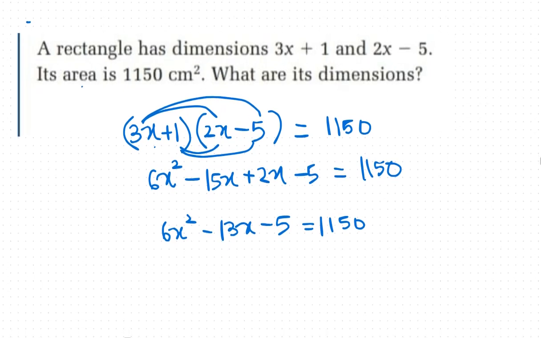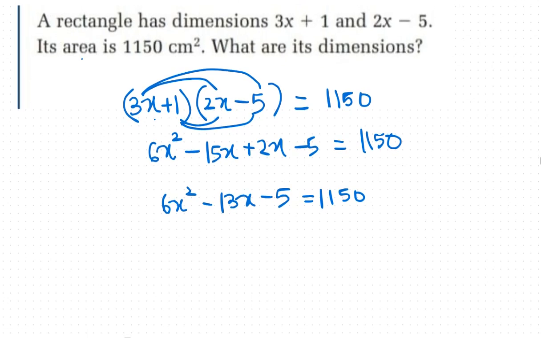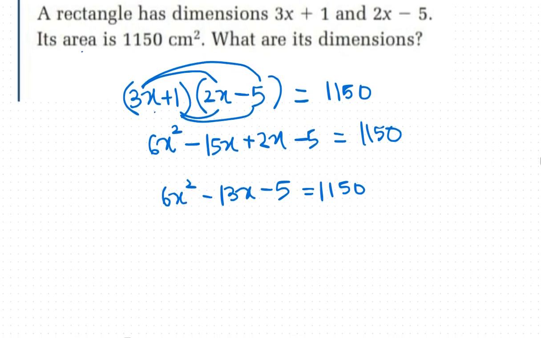See, there are still some like terms left. The x? No, that one is x squared. So do I do 6 minus 13 to get x? See, the like terms which are left are these numbers, 5 and this.